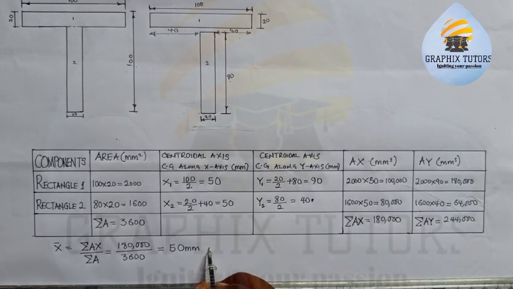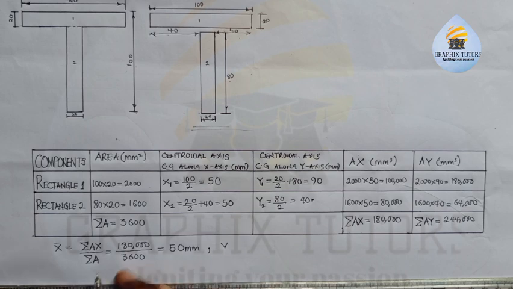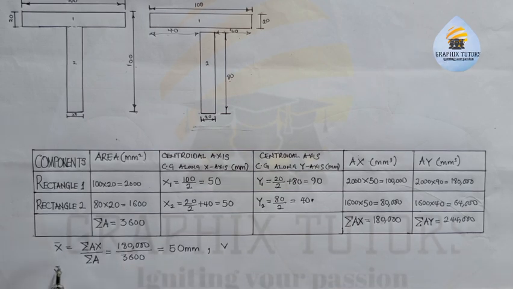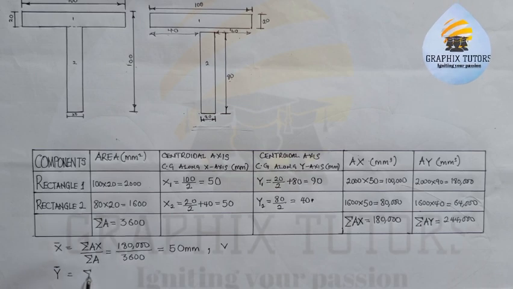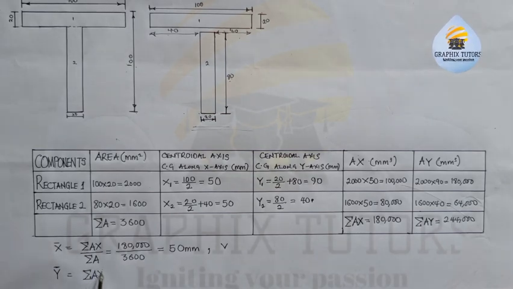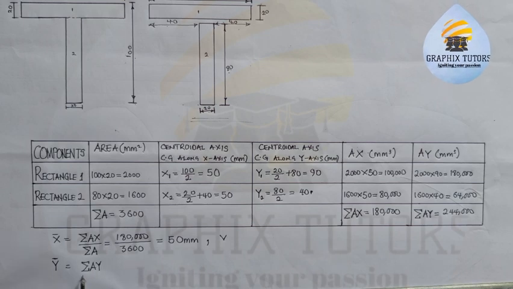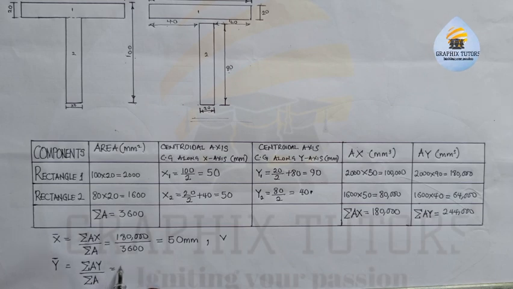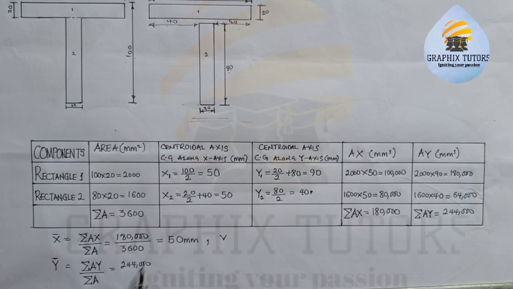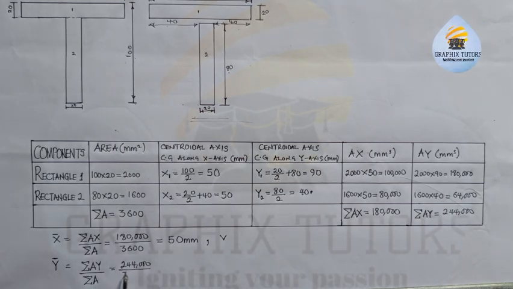Similarly, for y, the center of gravity along y is going to give us the summation of ay all over the summation of a, which is the area, and that's going to give us 244,000 all over 3,600, and that's going to give us 67.78 millimeter.